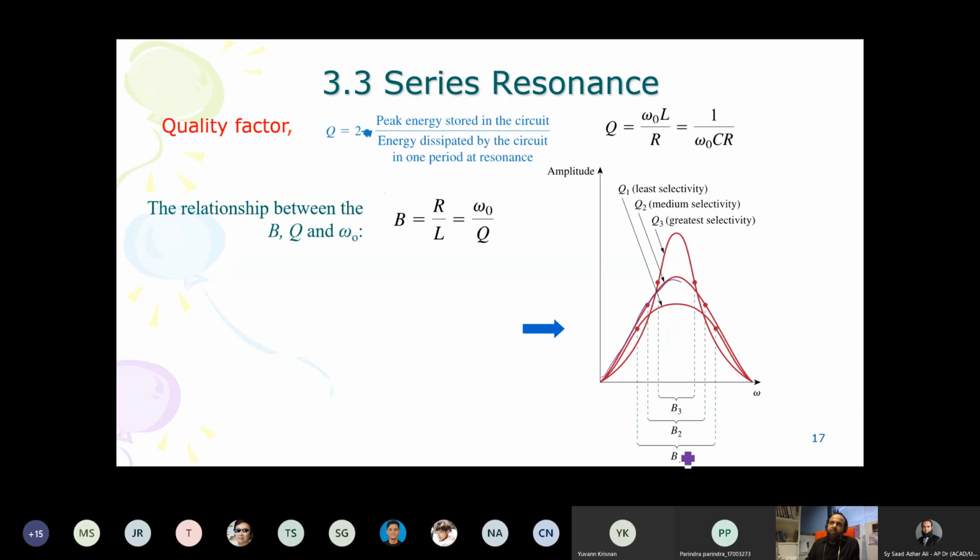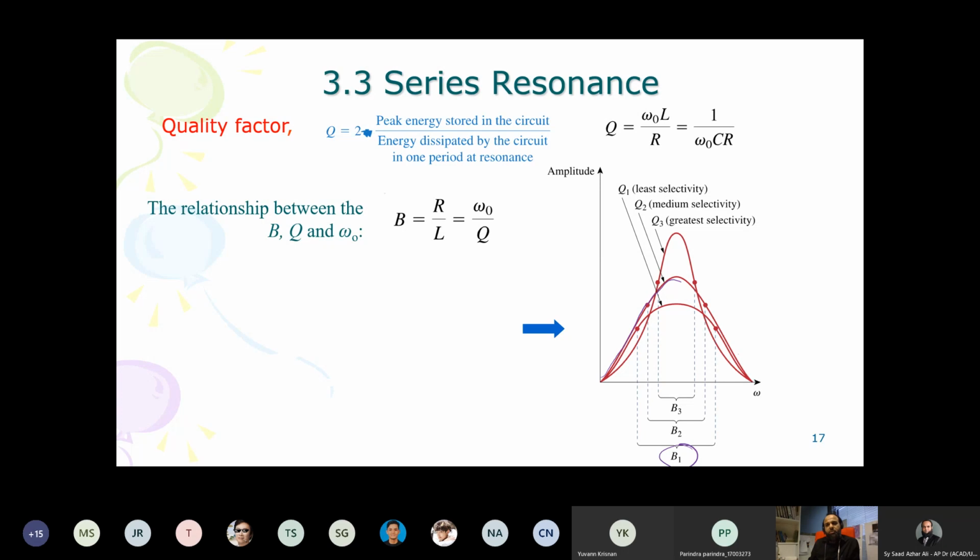So if the application requires a wider band of frequencies in which we want to have good enough power, we will have B1. But when we have this, we have a compromise on frequency.